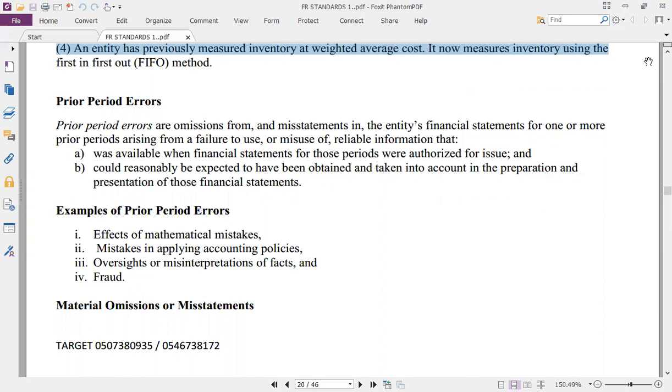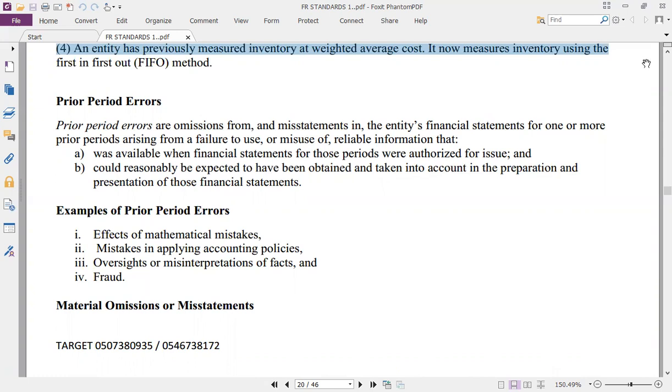Good. Now what are errors? Errors are omissions. So prior period errors are omissions or misstatements from the entity's financial statements for one or more prior periods arising from failure to use or misuse of reliable information.